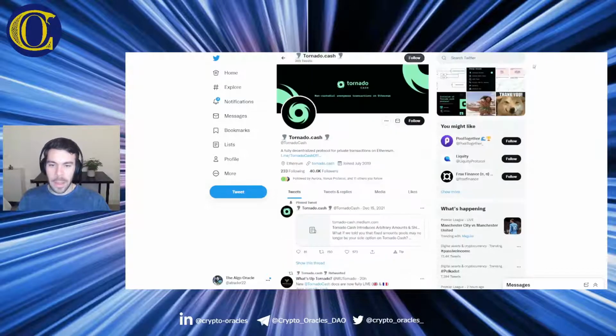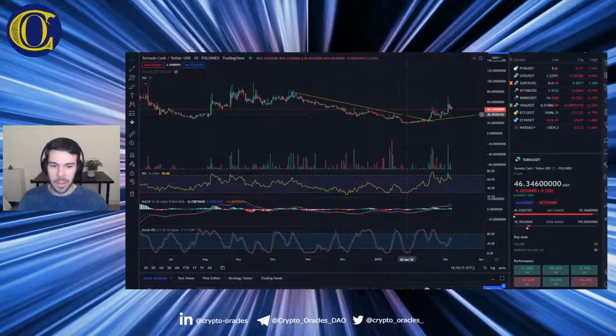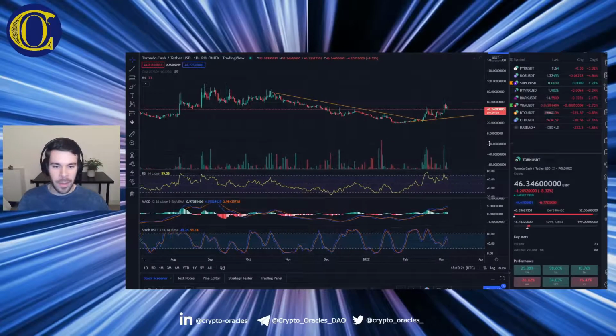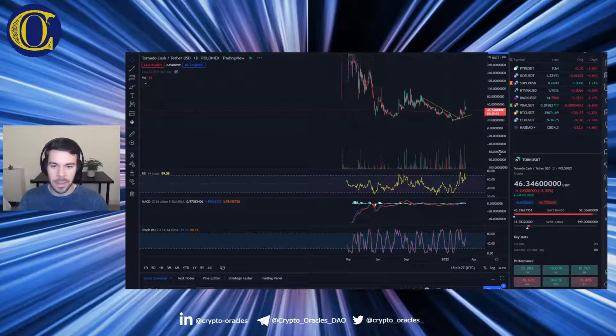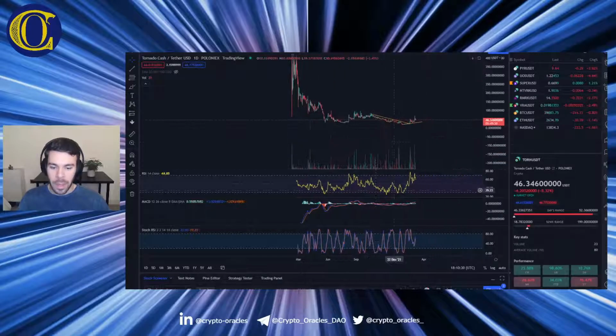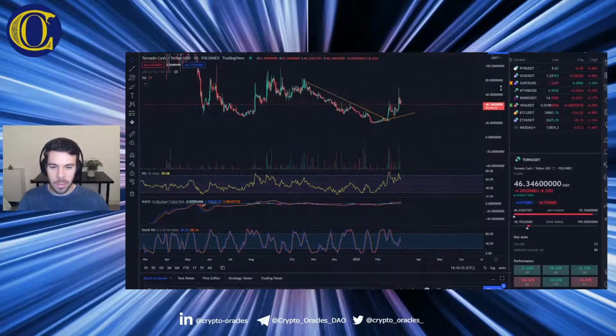All right, and now let's take a look at the technicals. If you're interested in Torn, their token, or in investing in Tornado Cash, of course, this is not financial advice. Actually, this chart kind of gave me a bit of a challenge, to be honest. I'm looking at Poloniex Exchange simply because they listed this pretty much when it launched, and I'm just looking at the last couple of months between October and now.